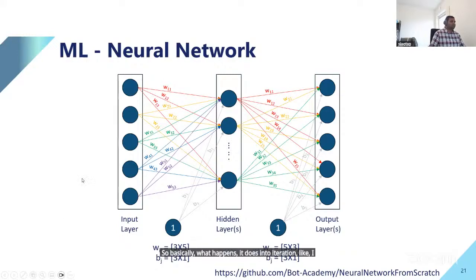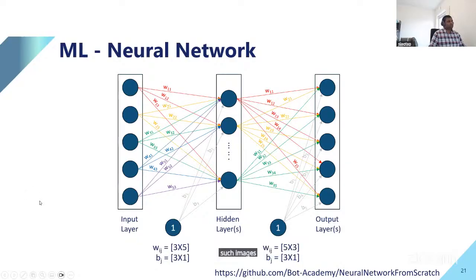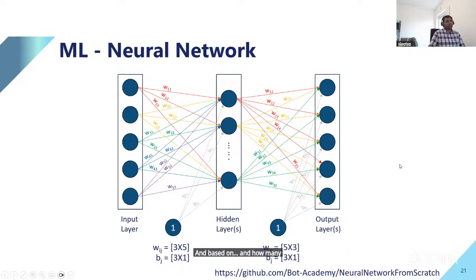If my training data is, let's say, 50,000 such images, I will make one iteration of 50,000 images with given weights. I will say out of 50,000, how many are classified correctly and how many are not. And I will generate an error matrix, and I will feed that error matrix and update these weights.